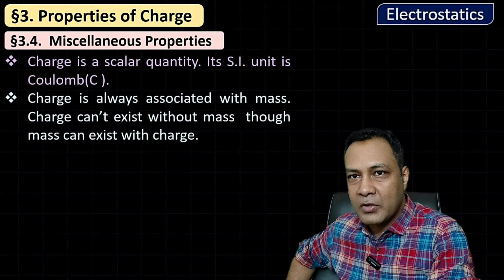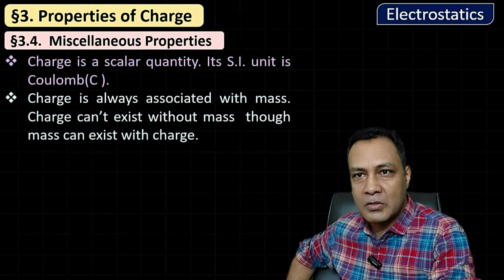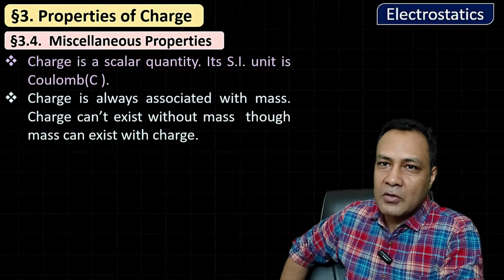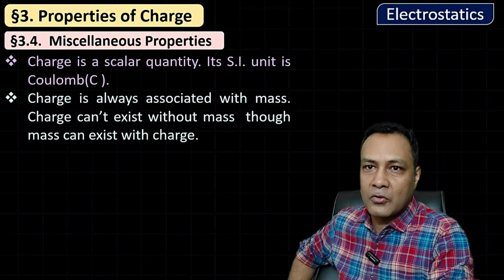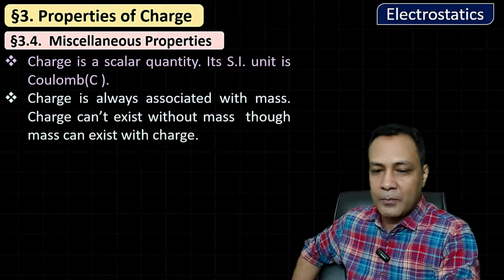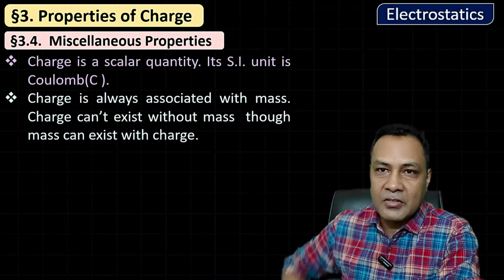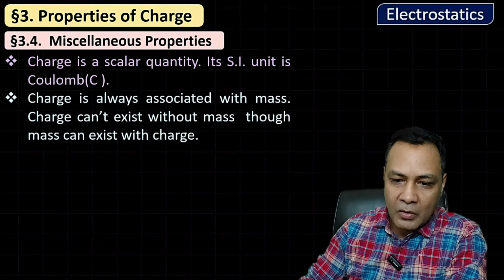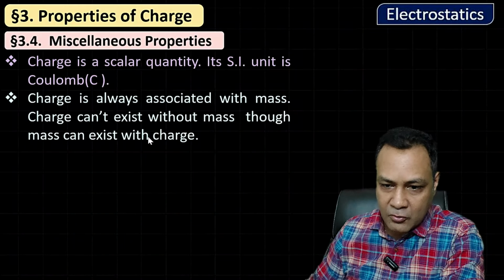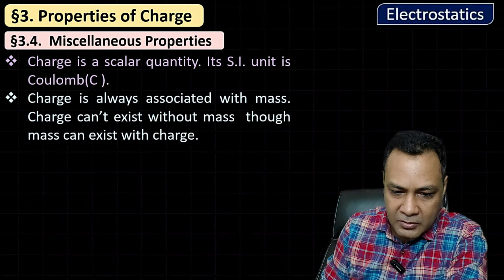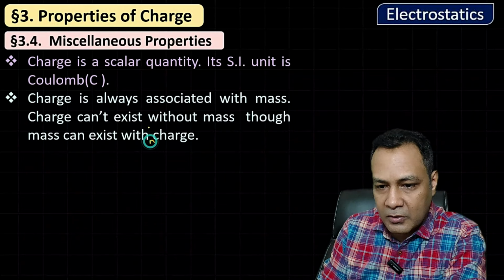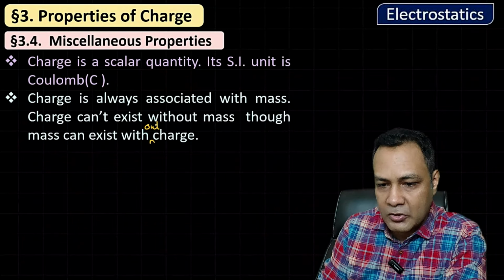To have a charged body, it must be matter, because the fundamental origin of the charge is the matter, the atom. So charge can't exist without mass, though mass can exist without charge.